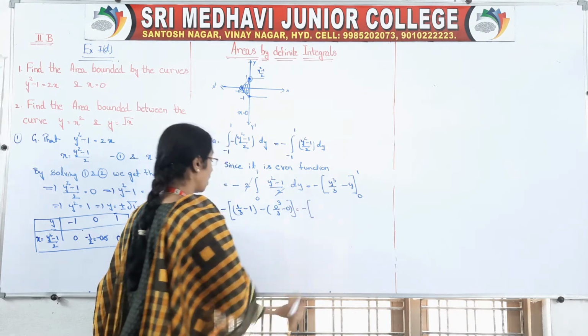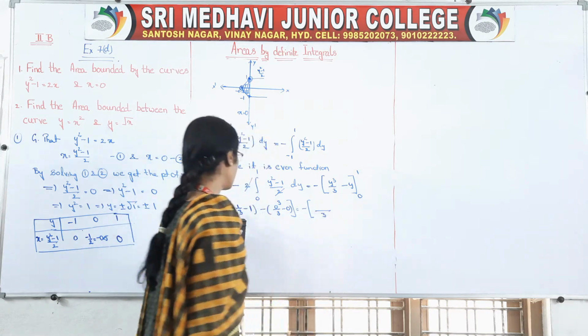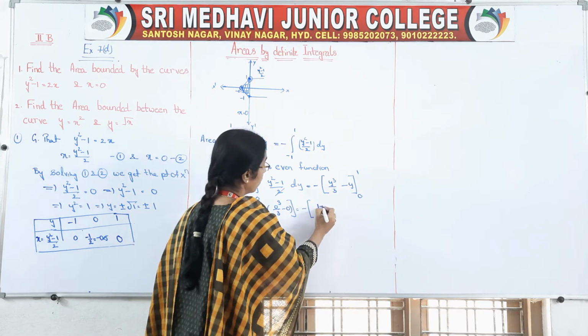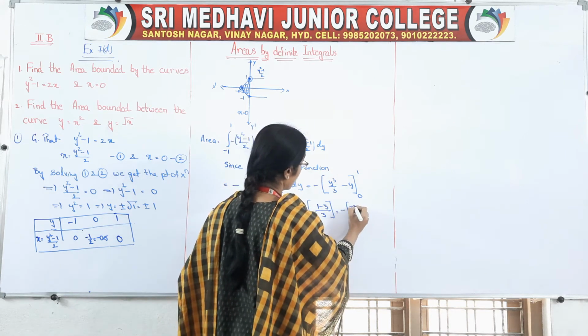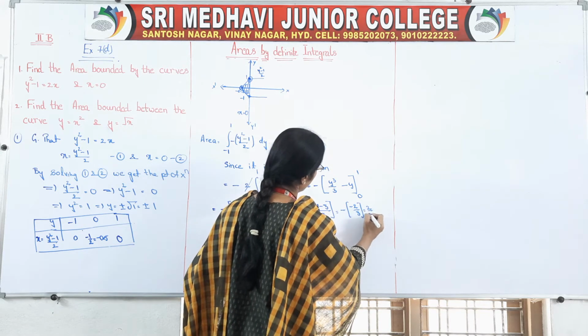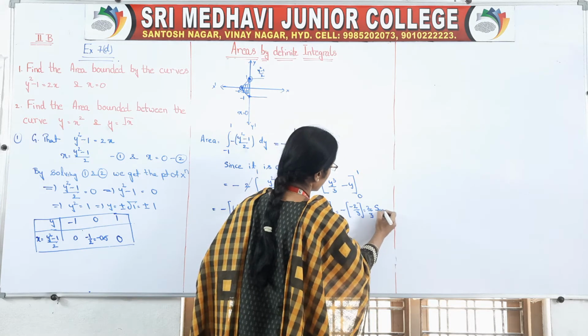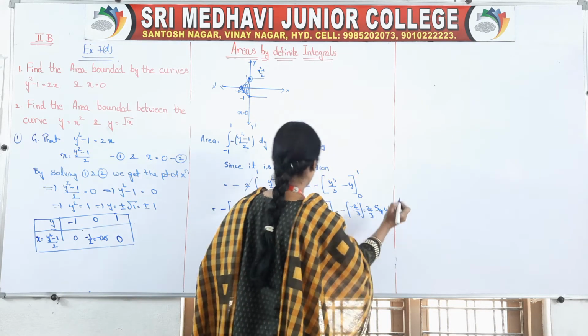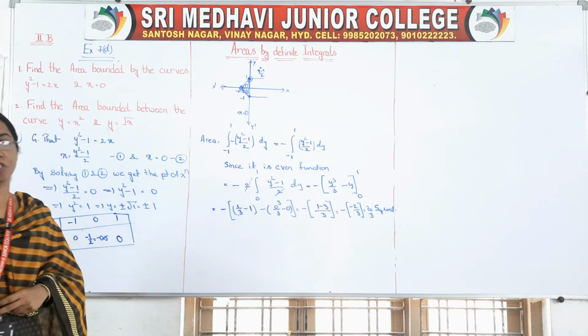Take 3 as the LCM, so it is 1 minus 3. So it is minus of minus 2 by 3, and minus of minus is plus, so it is 2 by 3 square units. This is the answer to your question.